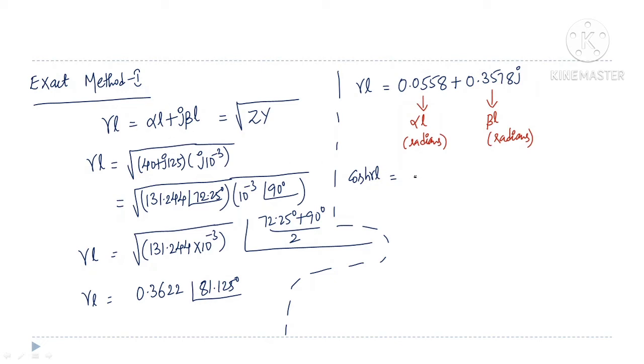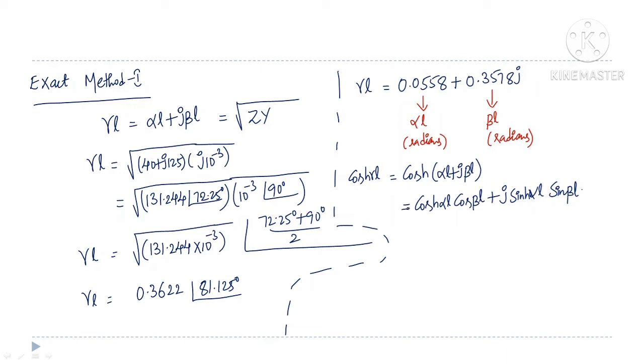Alpha L plus j beta L. So it is cosh of alpha L plus j beta L. When you expand this, you will get cosh alpha L into cos beta L plus j into sinh alpha L into sin beta L. Now substitute alpha L and beta L in this equation, so that you will get cosh gamma L values.